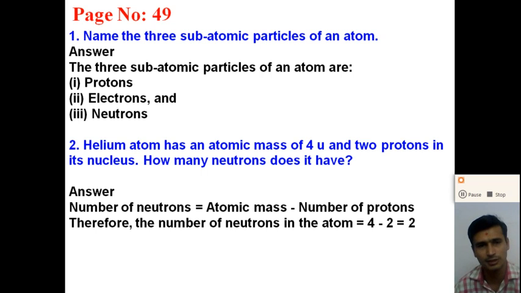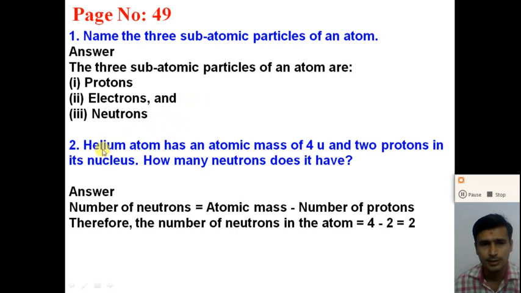Protons are positively charged particles, electrons are negatively charged particles, and neutrons have no charge. Protons and neutrons together in the nucleus are also called nucleons.